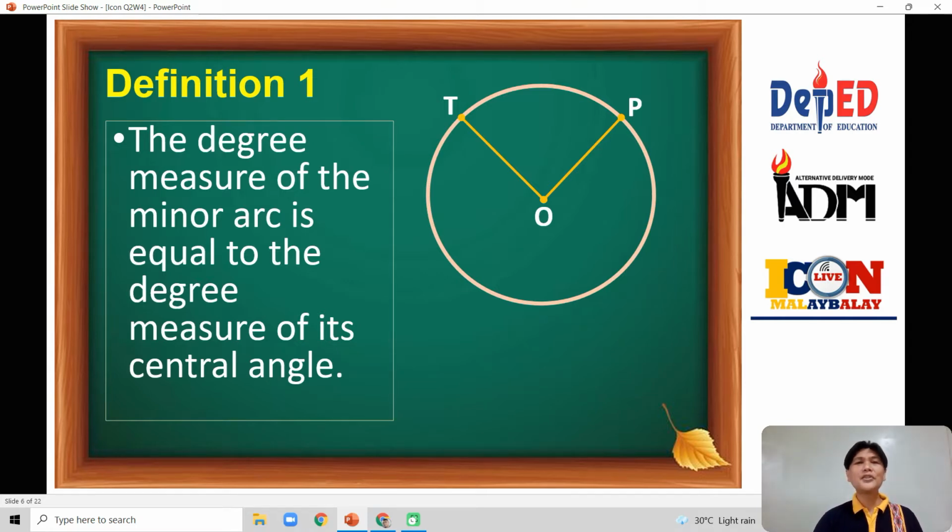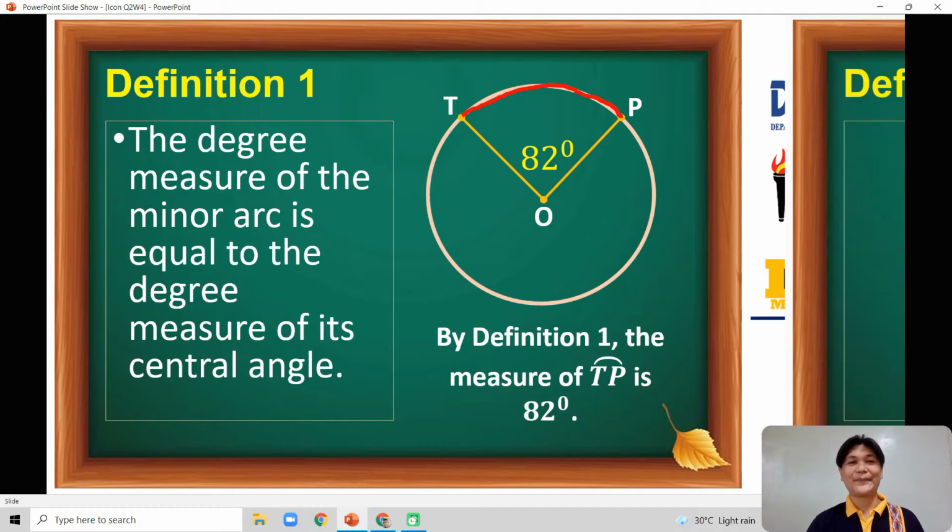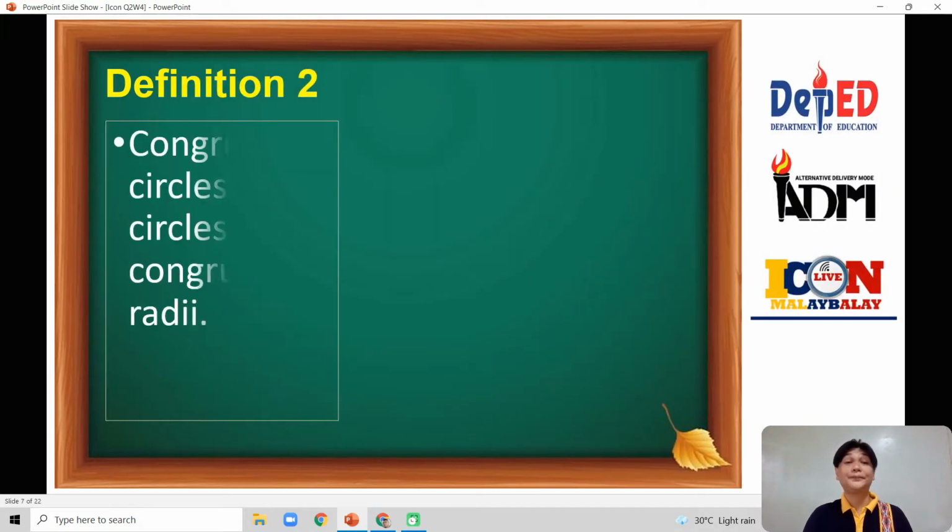Say the measure of our central angle TOP is 82 degrees. Now the measure of our arc TP must also be 82 degrees because of Definition 1. In other words, by Definition 1, the measure of arc TP is 82 degrees because its central angle is 82 degrees.